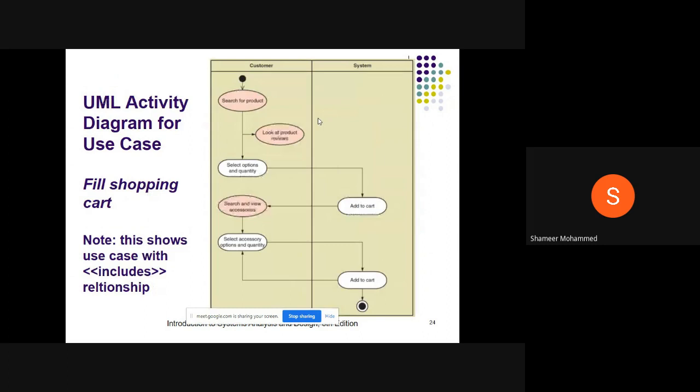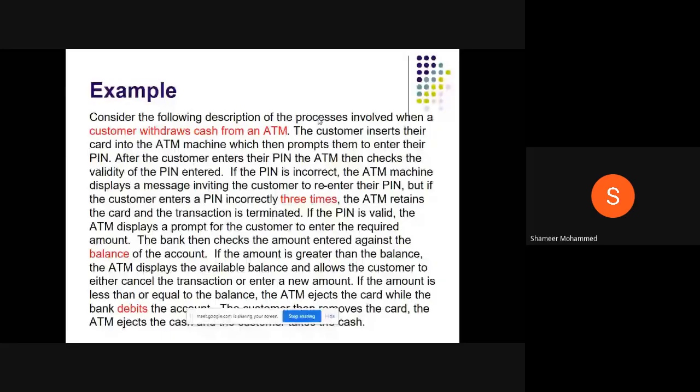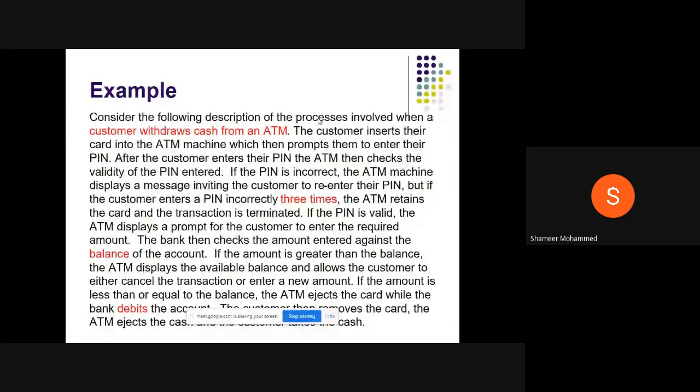Now this is another example. See ATM, what we are discussing. Can you read and understand what this is? See, you are going to an ATM machine to take the money. You will take the money by using this ATM machine.